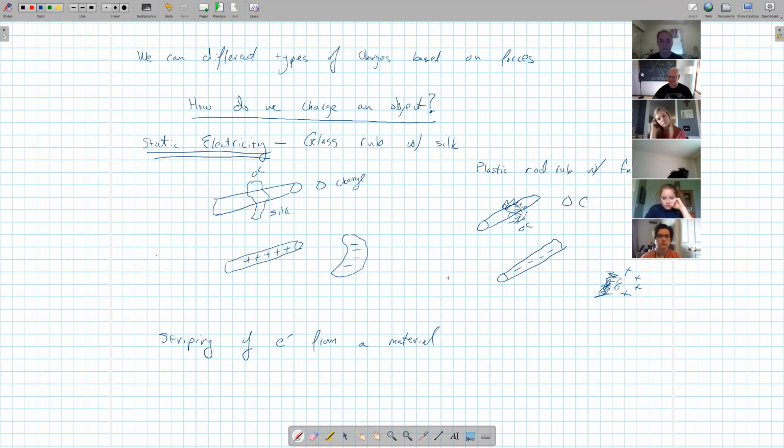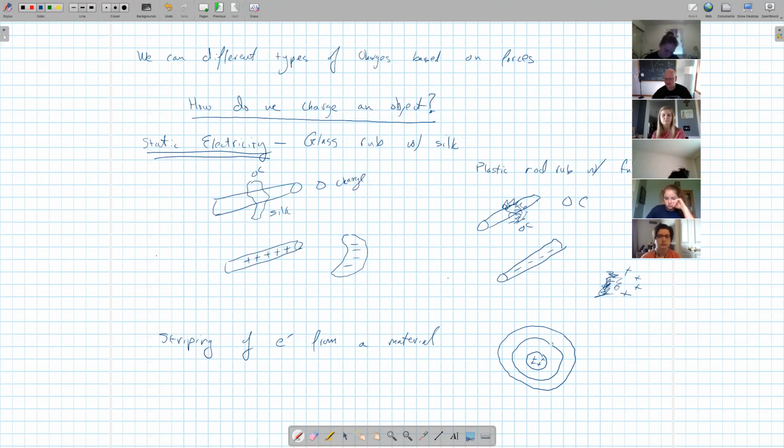Now, the reason this happens is because of Bohr's planetary model of the atom. You have the nucleus at the center, which has all the positive charges as well as the neutral charges, the neutrons. Then we have the orbital levels, which have electrons in them.